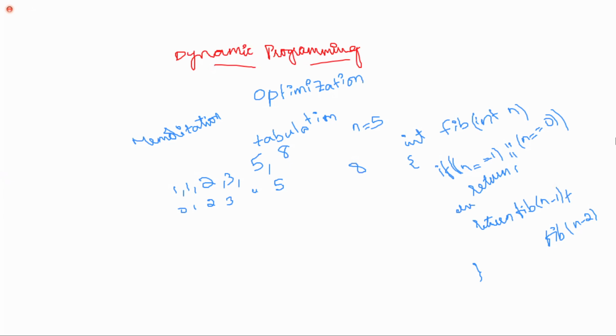Here the condition is 5 equals 1 or 5 equals 0. Both the conditions are false.